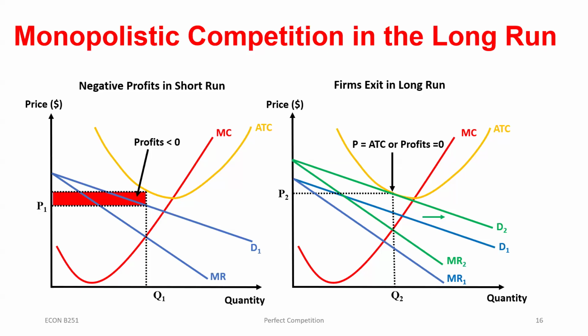The efficient scale of production, which is where our per unit costs, or our average total costs, were at their lowest point. What hits average total cost at its lowest point? So where would a perfectly competitive firm end up? Right there, right where marginal cost hits average total cost at its minimum point.